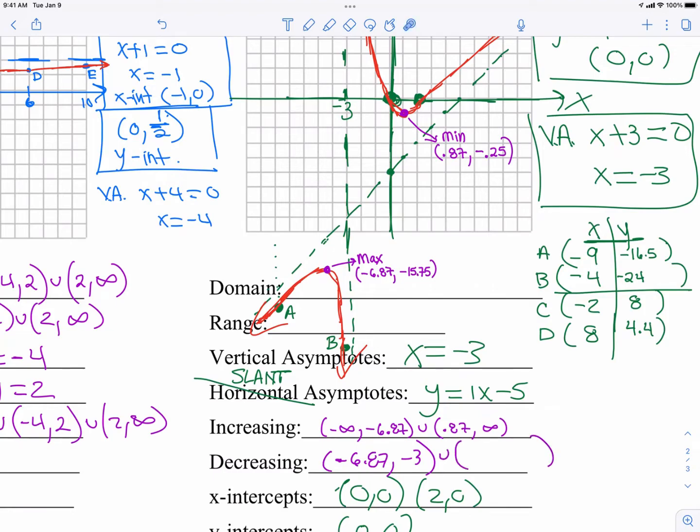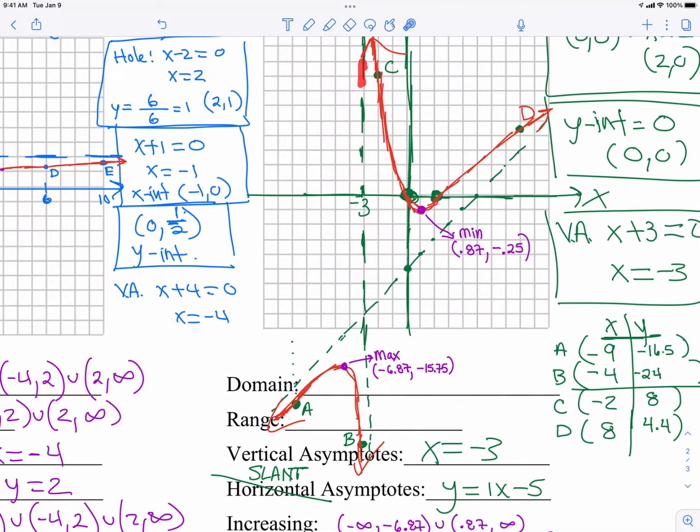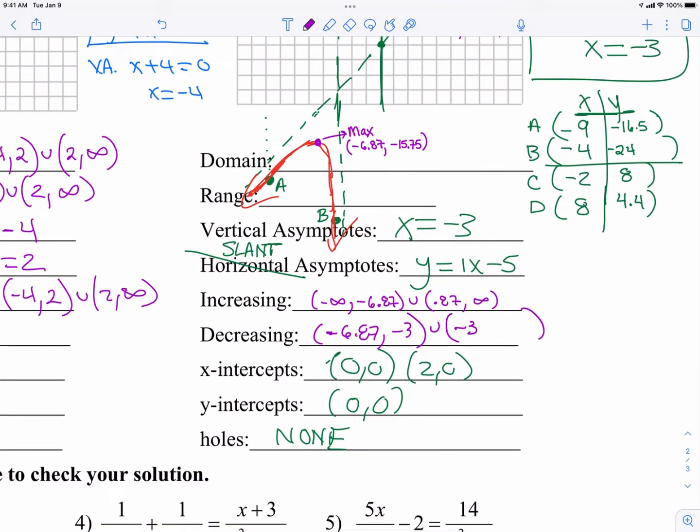Then you jump up to this curve, and you're decreasing from the vertical asymptote of negative 3, coming down until you get to this minimum value at 0.87. So between negative 3 and 0.87, you're also decreasing. We just add that in there from negative 3 to 0.87, and these are your decreasing intervals.